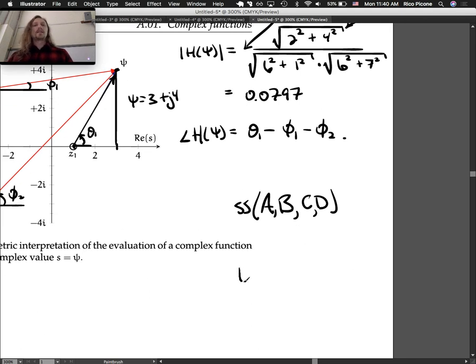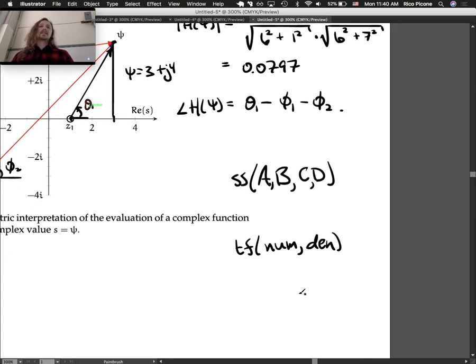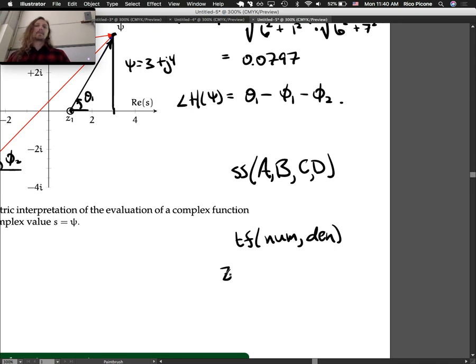Another way is TF, where you give it the numerator coefficients and the denominator coefficients of your transfer function. There's a third way that we haven't talked about, which is the ZPK function, the zero pole gain function.